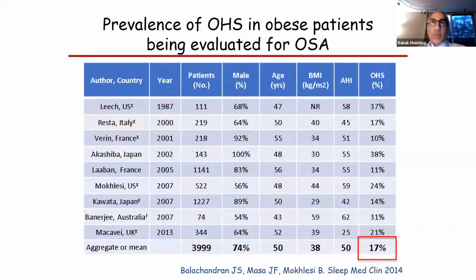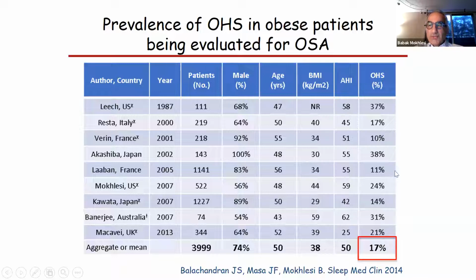Now, again, this is a busy slide, so I'll summarize it for you. We don't know what the prevalence of OSA is in the community. We can estimate it, but at least in obese patients referred for suspicion of OSA to sleep programs, you can see that from a variety of countries here, the rough estimate is around 17%. Some places more, some places less.